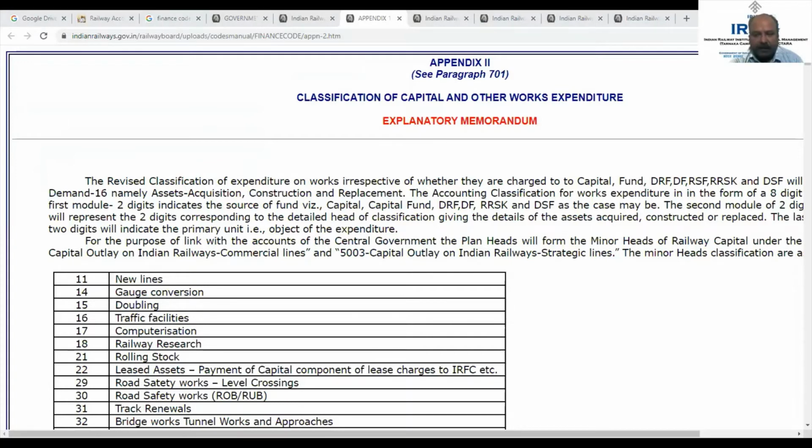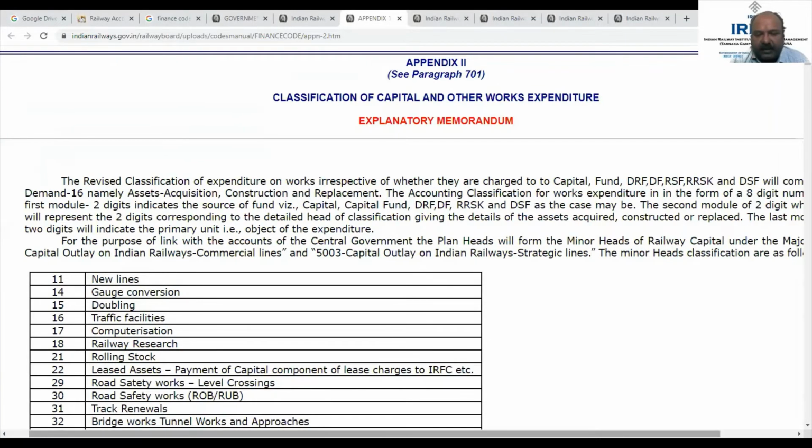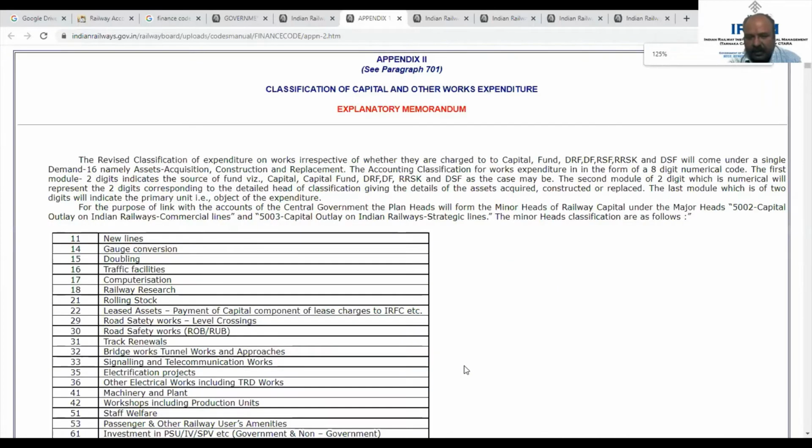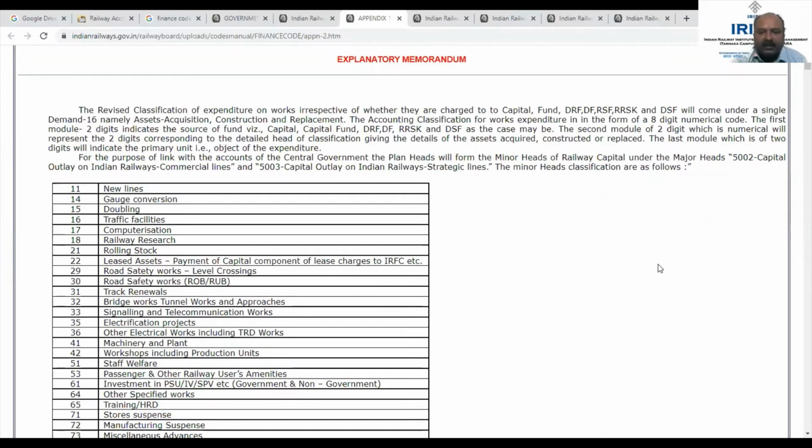Now we'll discuss capital expenditure. The revised classification of expenditure and works, irrespective of whether they are charged to capital, capital fund, DRF, DF, safety fund, RRSK, debt service fund or railway liability reserve fund, all come under a single demand, that is the erstwhile demand number 16.